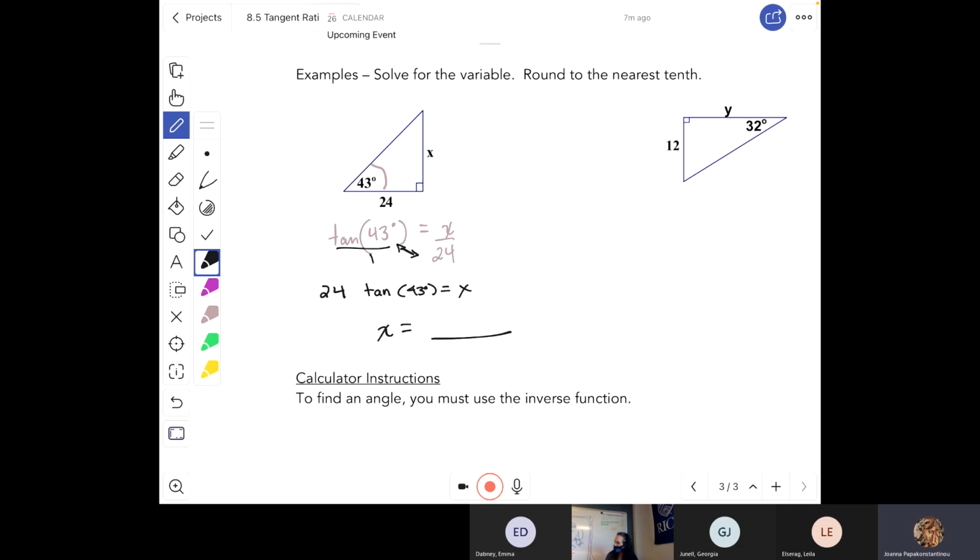You have a calculator, and the calculator knows how to calculate the tangent of different angles. So do you have your calculators with you? Let's go ahead and get those out. We are going to calculate tan of 43 and multiply it by 24.